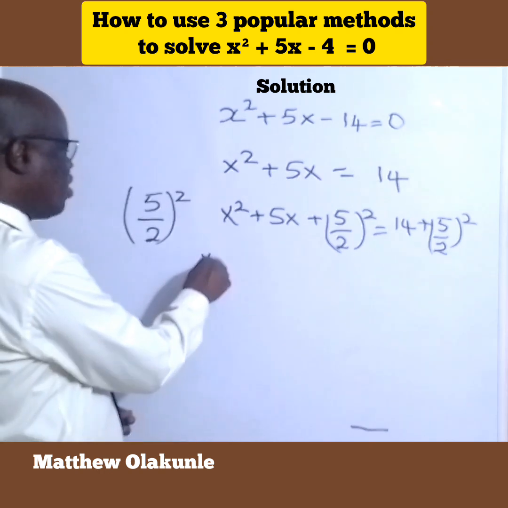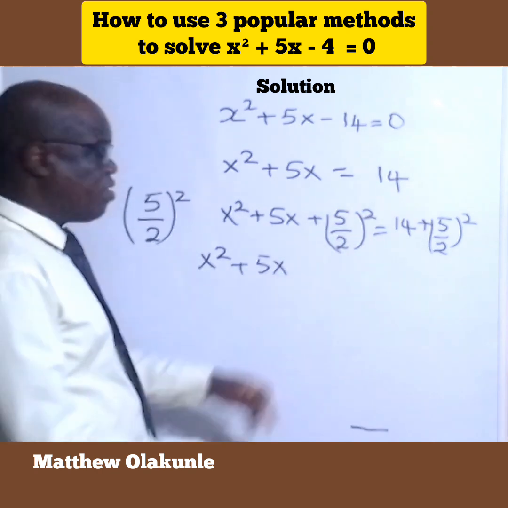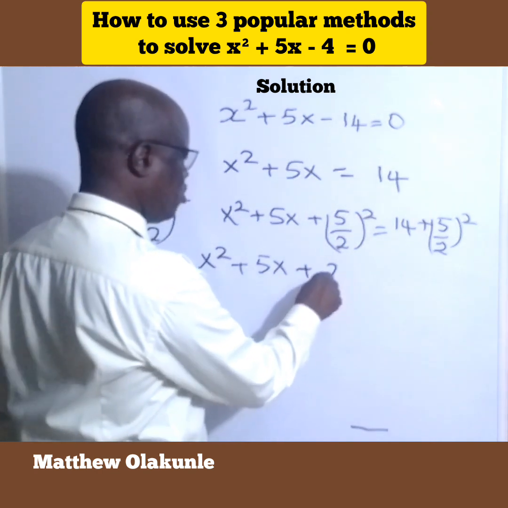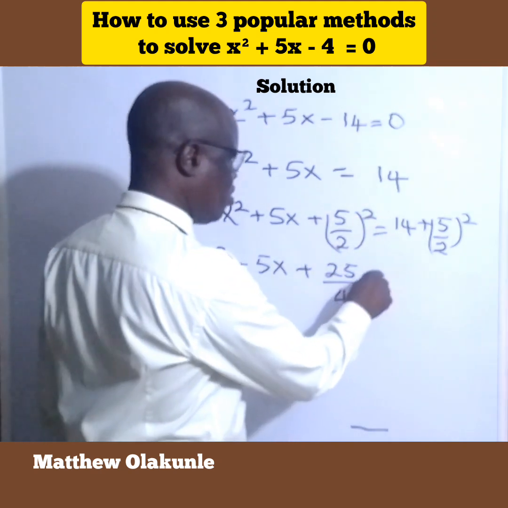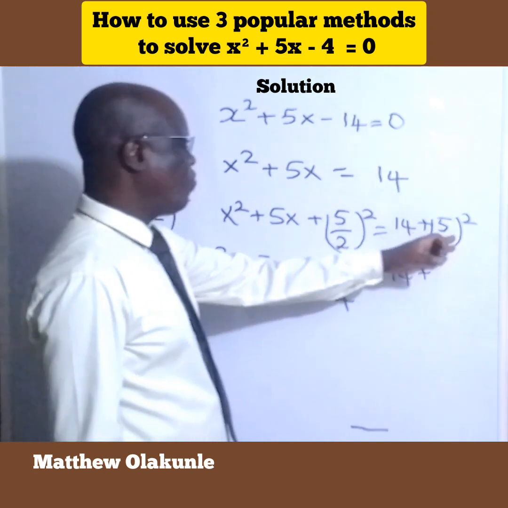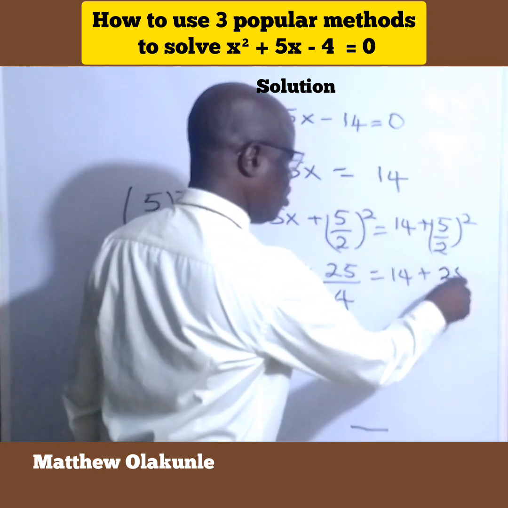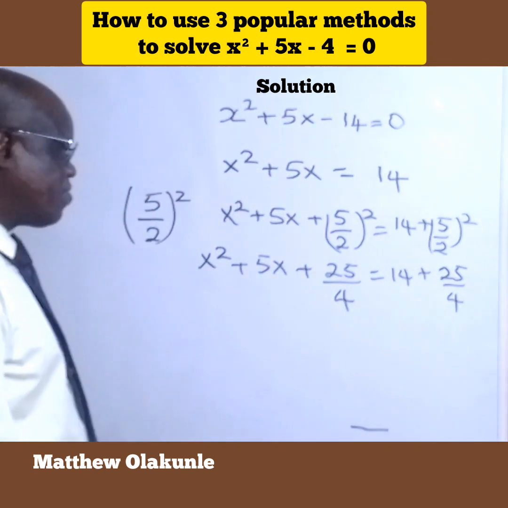So you have x squared plus 5x. 5 squared is 25. 2 squared is 4. So it's the same thing as 25, we have 4 here. Okay, as simple as ABC.